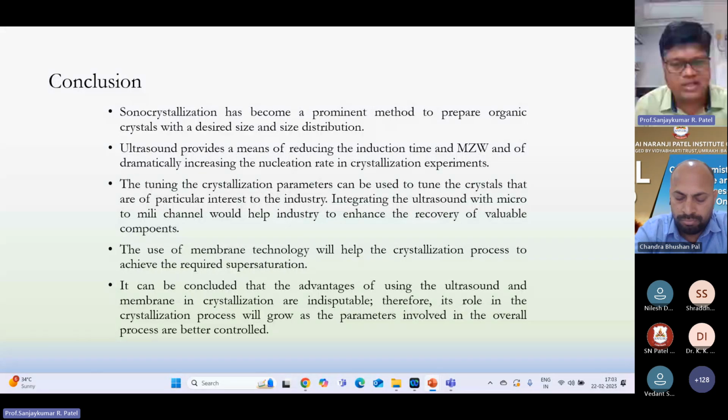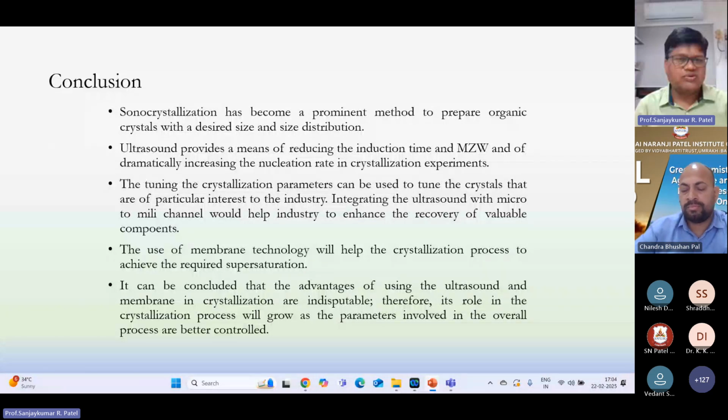Okay, so I can conclude in 4 to 5 sentences. Sonocrystallization has become a prominent method to prepare organic crystals with a desired crystal size and size distribution. Ultrasound is a means of reducing induction time and metastable zone width, and is dramatically increasing the nucleation rate in crystallization experiments.